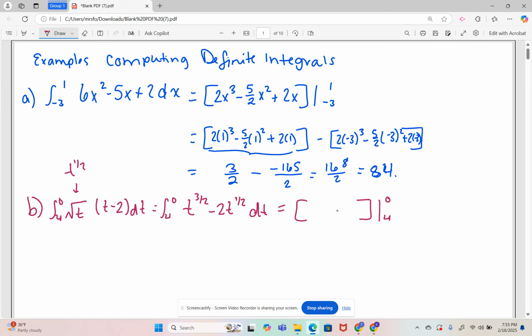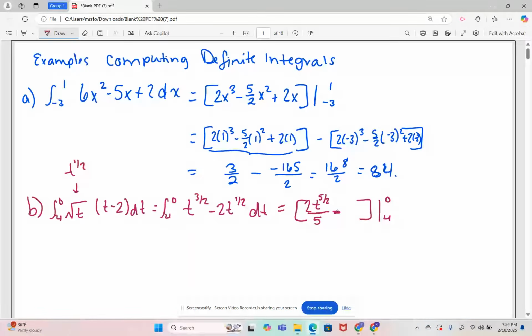So now for the antiderivative, t to the 3/2 is going to become t to the 5/2 divided by 5/2, which is 2/5 for the reciprocal, minus, all right, this 1/2 will become a 3/2.